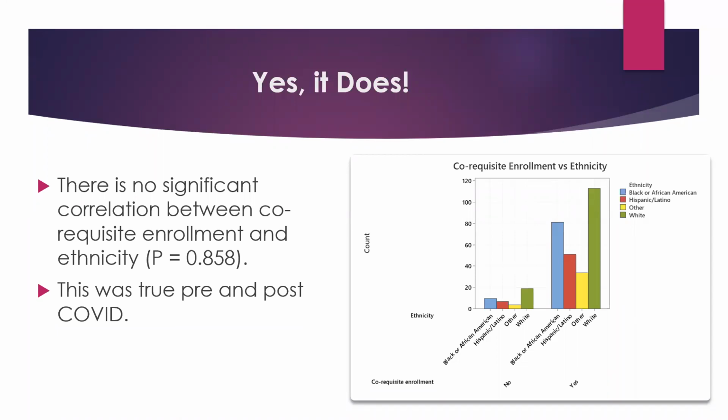So this is in the works, and my goal is by the spring of next year to have a better system of placement in place that looks at all of these things, more holistically at the student rather than their AccuPlacer score.